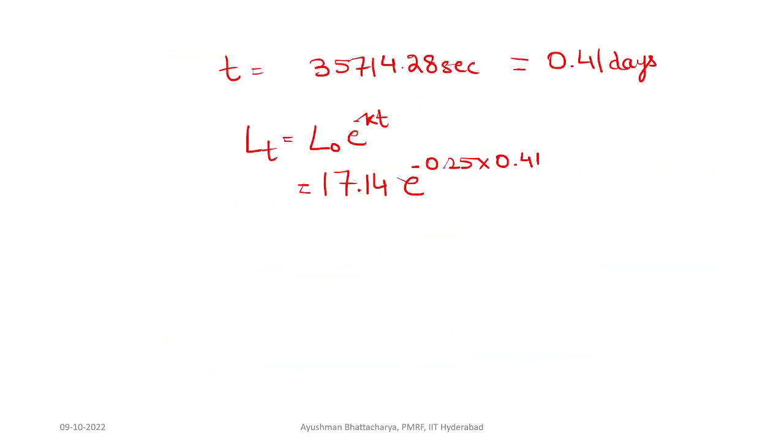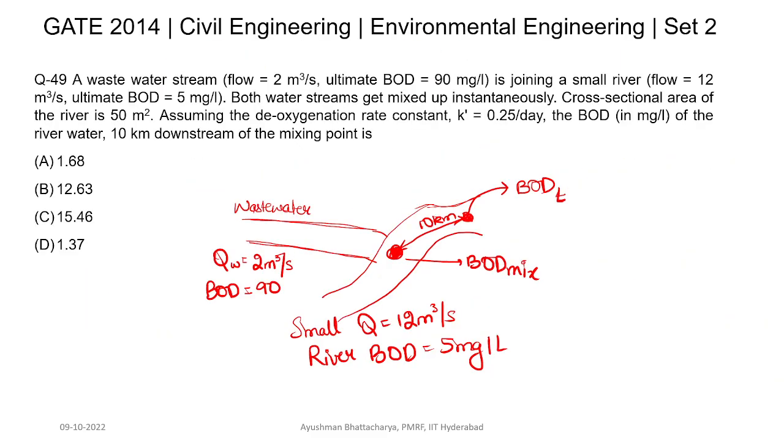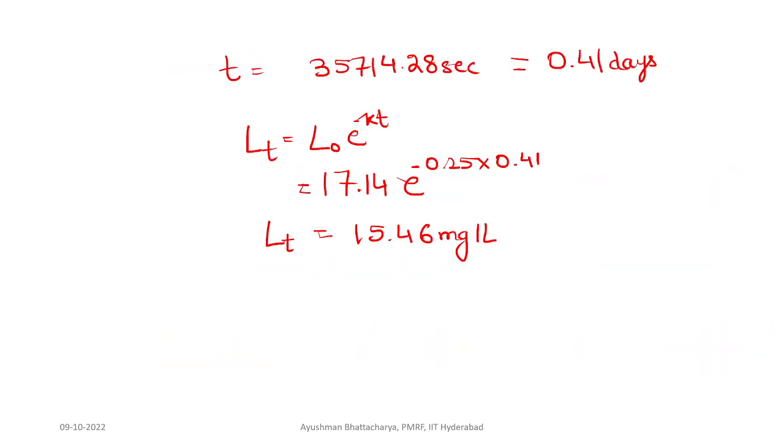If we solve this, we will get the value of 15.46 milligram per liter. That is the BOD at time t, meaning the BOD at a distance of 10 kilometer downstream.